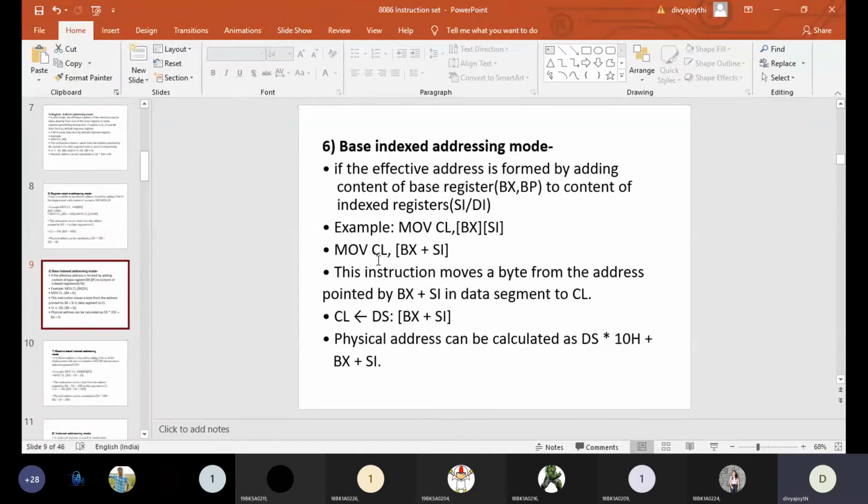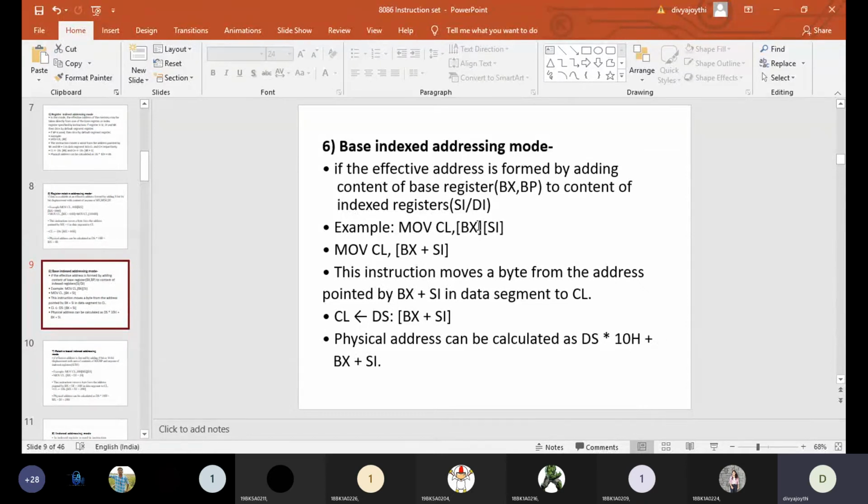I'm explaining this once again. In base indexed addressing mode, the source will be base registers and index registers. BX and SI I have written here. Instead of SI, you can also write DI. So you can use either source index or destination index.